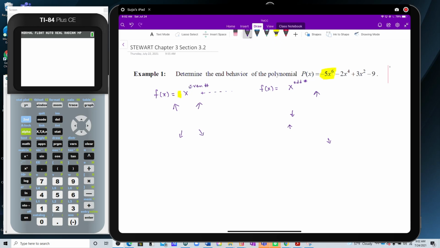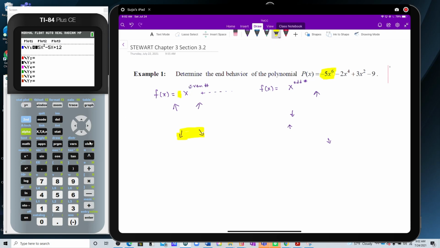Since I have a negative 5x to the 6th, and 6 is an even number, so the degree is even, my graph has to look something like that. It should be facing down. We'll check this in your calculator.